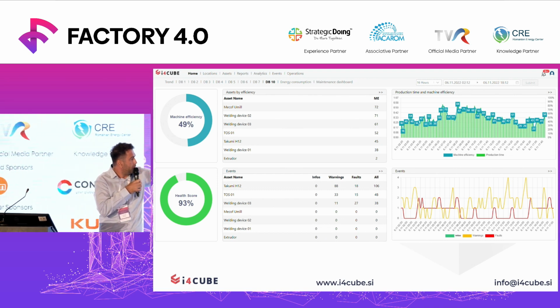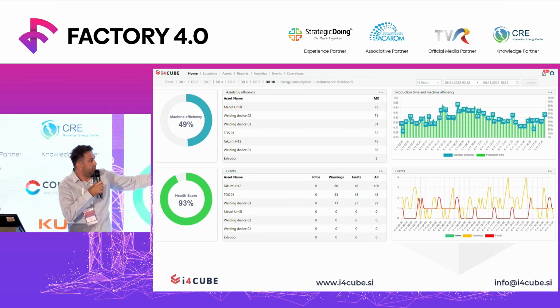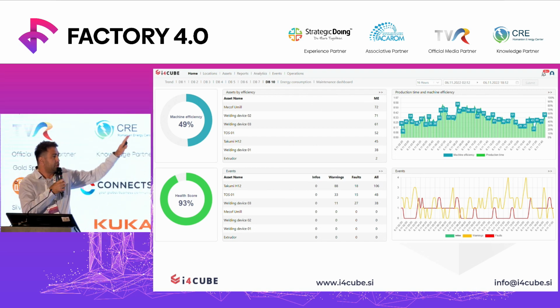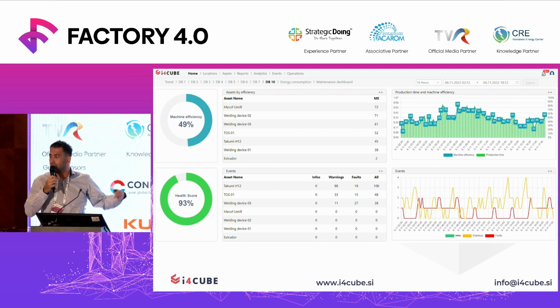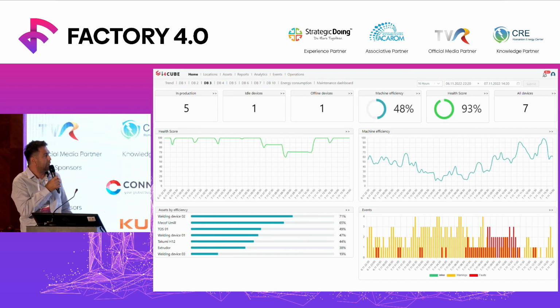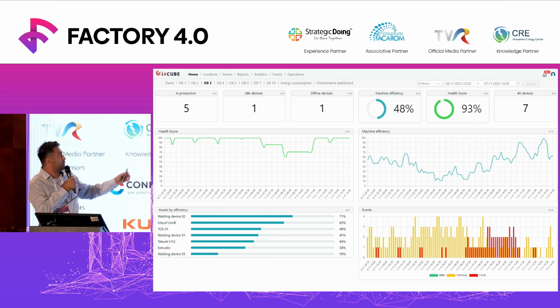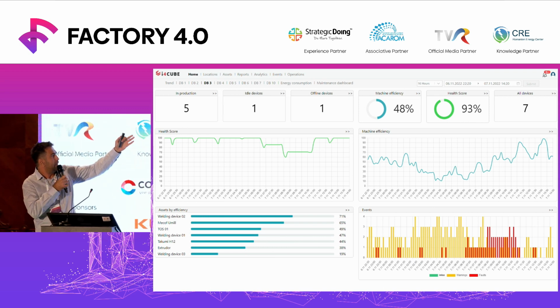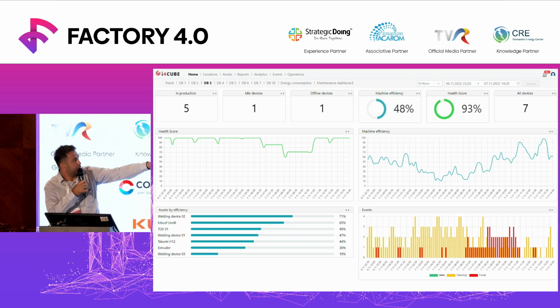Most assets which are hit by the events the most, and then some charts. So this is just examples. These are not final ones, but they're just examples for you to see, examples of dashboards which you can see in real time, which devices are in production, health score, machine effectiveness, and so on.